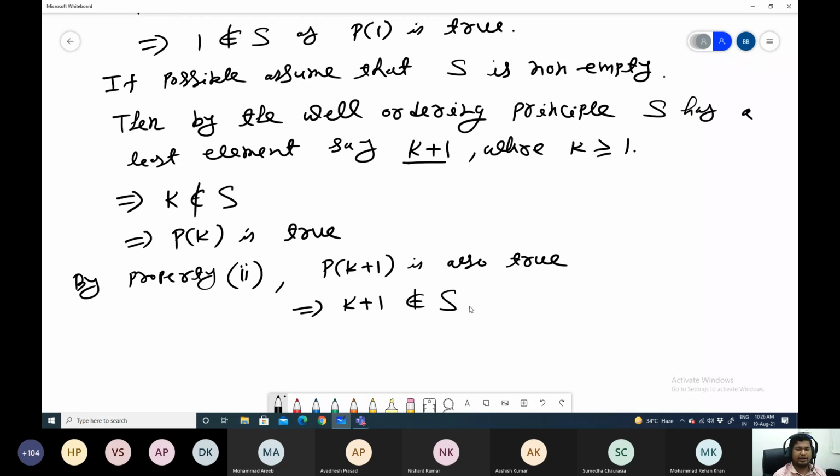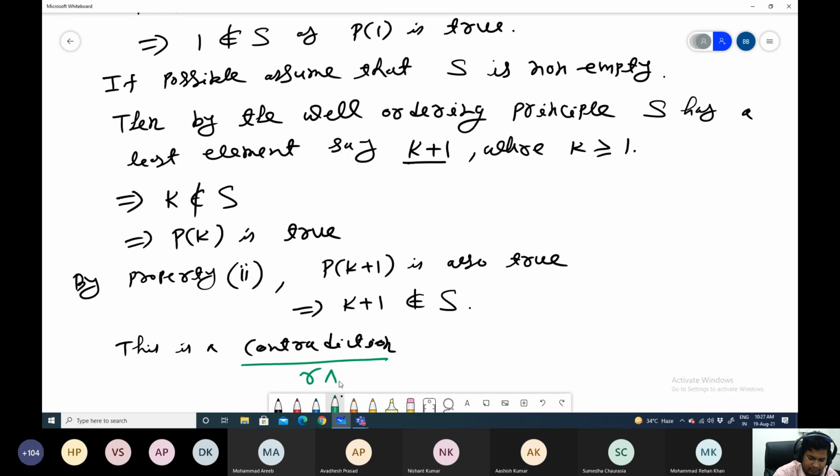Because we assume S is the collection of natural numbers n where Pn is not true. But here Pk plus 1 is true. Therefore, k plus 1 is not in S. Now this is a contradiction. Now again, can you tell me what is my contradiction here?